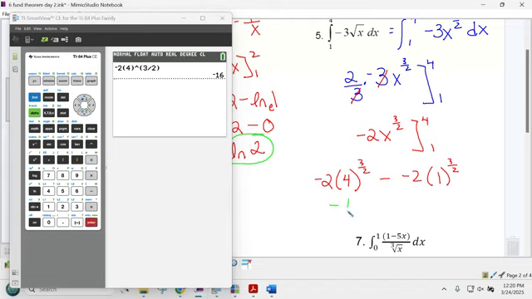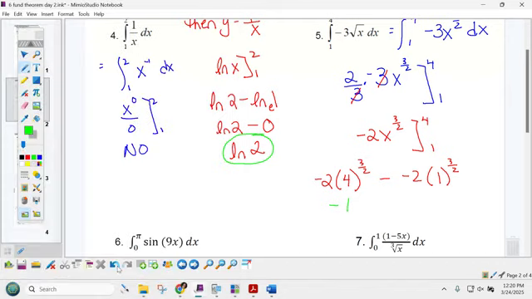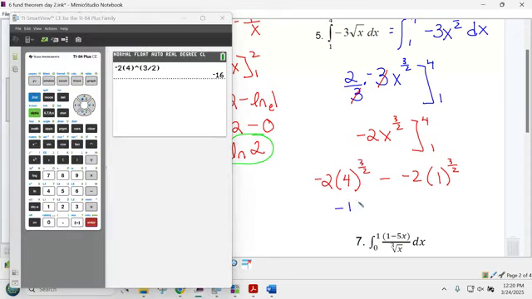It's negative 16. Ooh, bad color. I can do the same thing with 1. I know the square root of 1 is 1. So negative 16 plus 2 is negative 14.